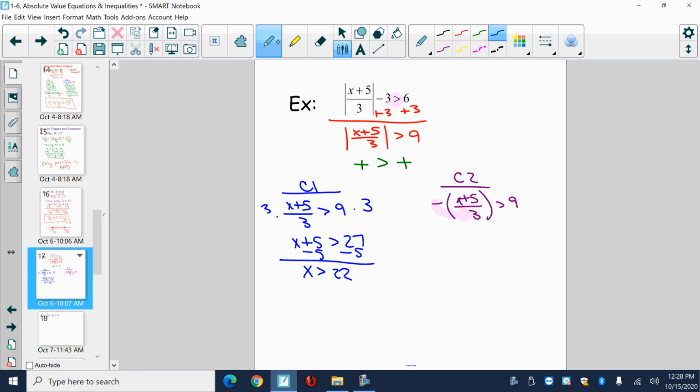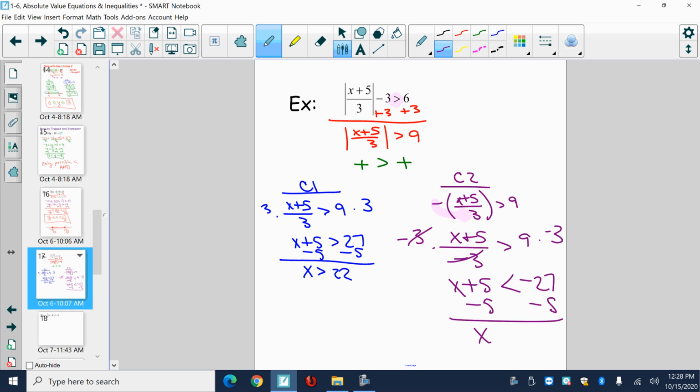Because that's totally legal. So I'm going to have x plus 5 over negative 3 is greater than 9. Now I'm going to multiply both sides by negative 3. When you multiply by a negative, your inequality sign flips to give you negative 27. Subtract the 5. I have x is less than negative 32.